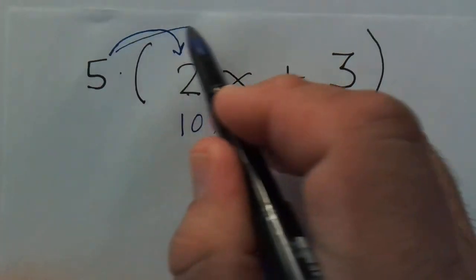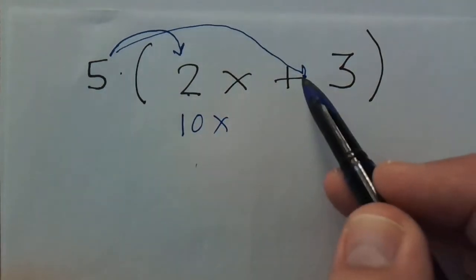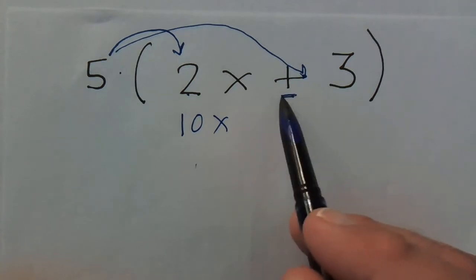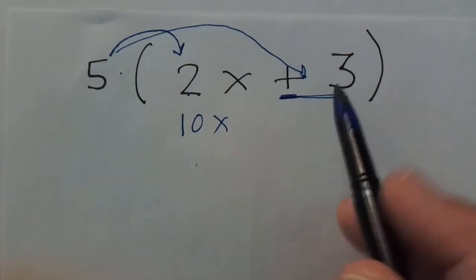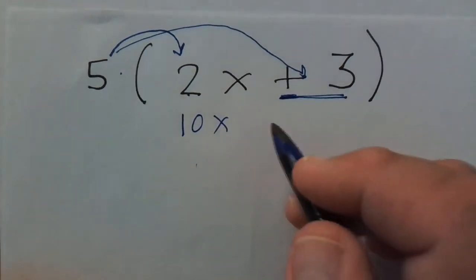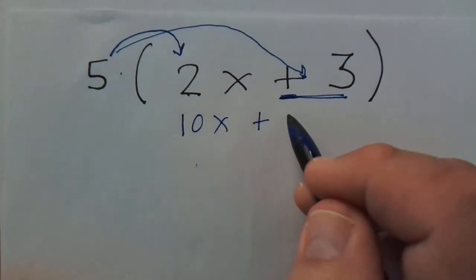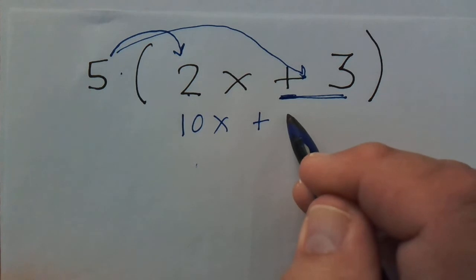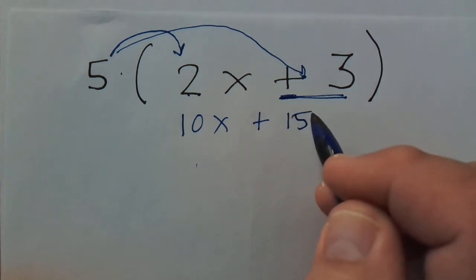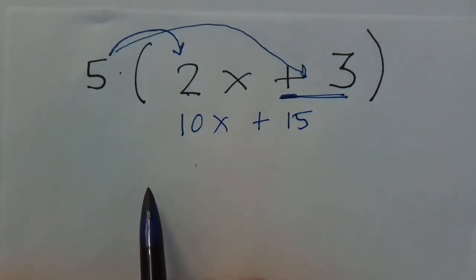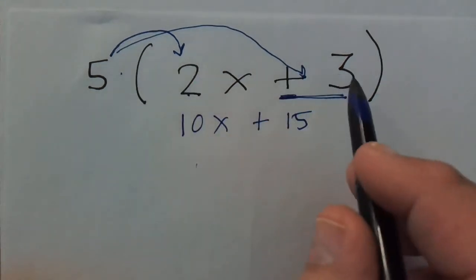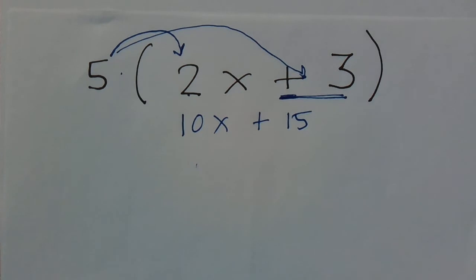Then we're going to toss this over the wall to this number here, to the 3. And I'm going to read this plus with it. It's a positive 3. So 5 times positive 3, it's going to become positive 15. So this one is 10x plus 15. And that's how we distribute the 5 into there.